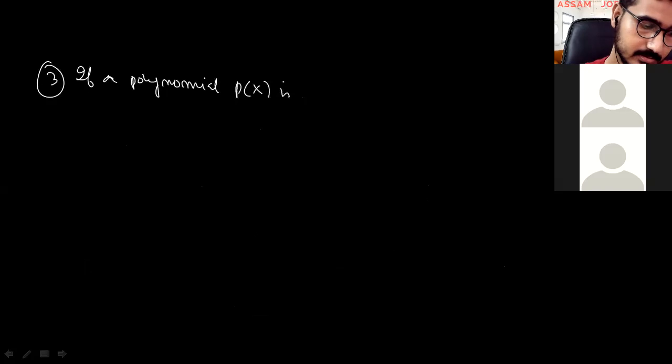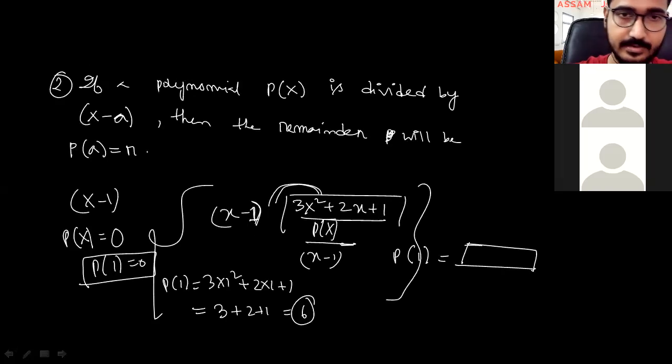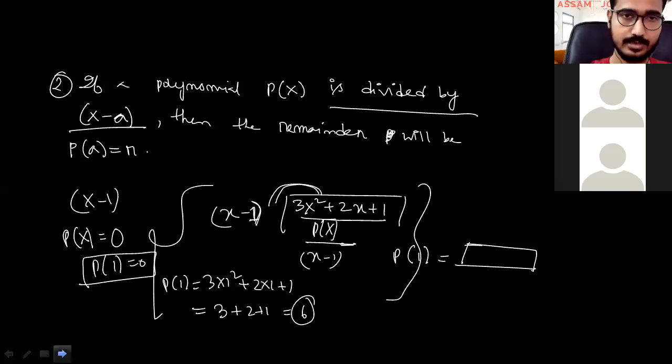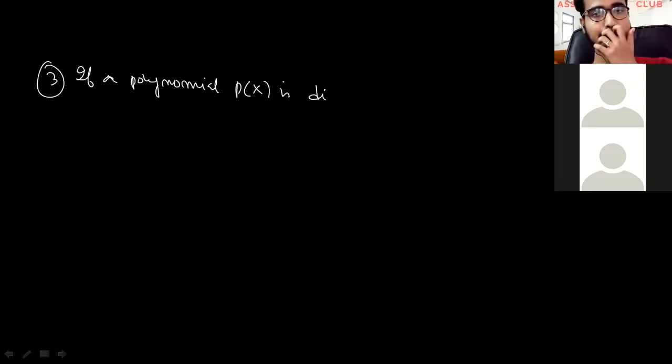The third point, write down: if a polynomial P(x) is divisible by x minus a. Now see, what is the meaning of divided by? Divided by means it may have some remainder, but when it is divisible by, it has no remainder.